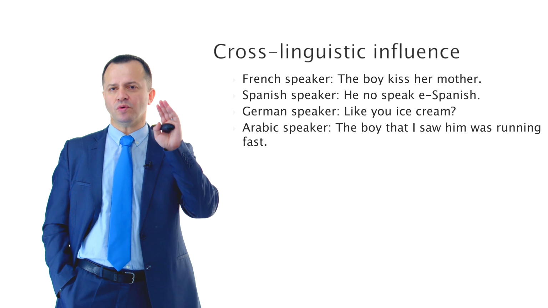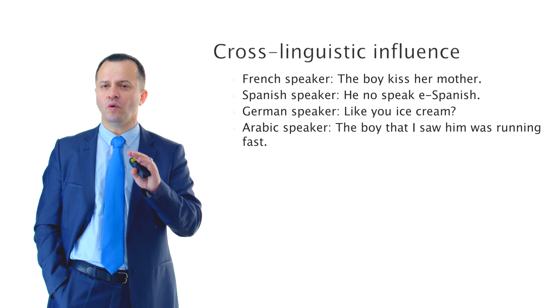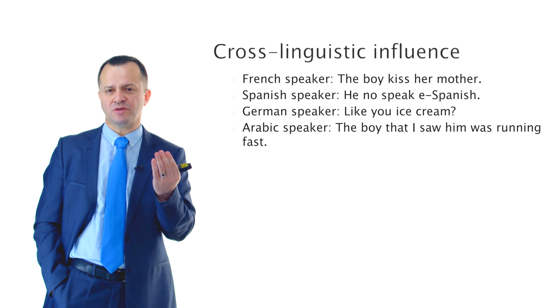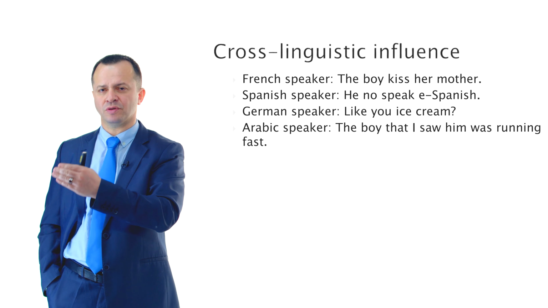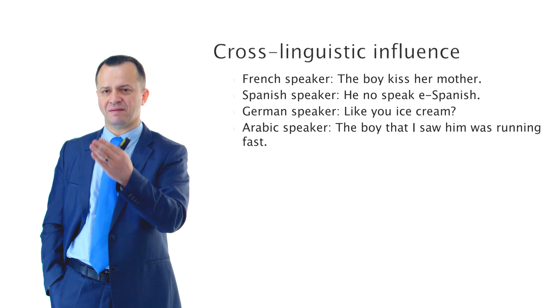In those 4 languages, once you write the translation of a sentence, it sounds correct, but it's not English-like, right? So let's see what the problem is. The French possessive determiners agree with the object possessed. You see, the boy kissed her mother. It's the same in Russian.